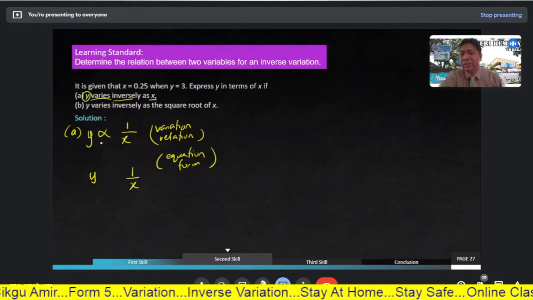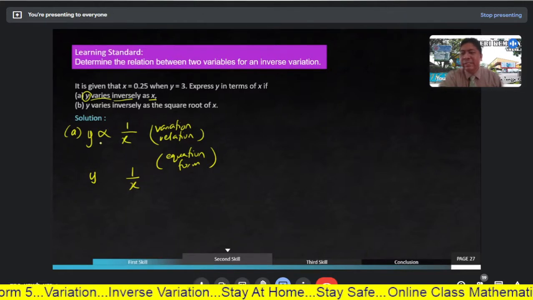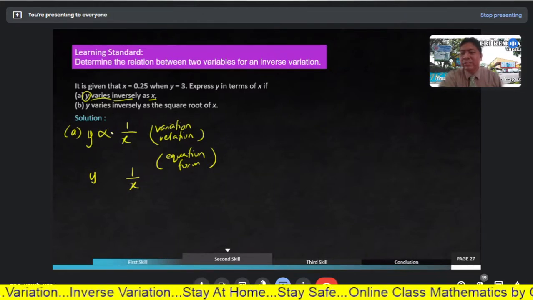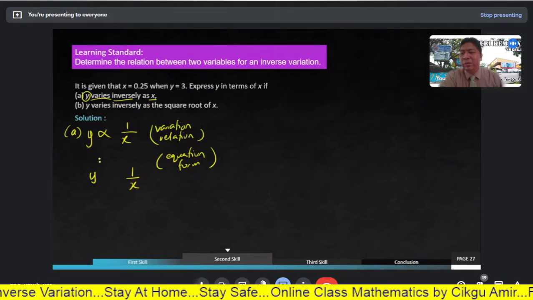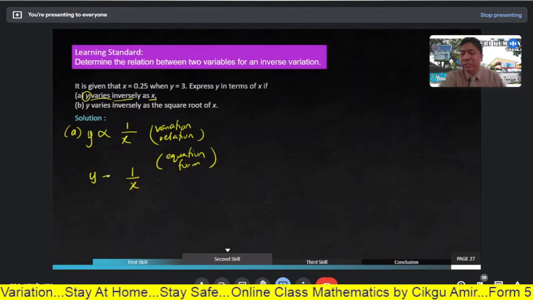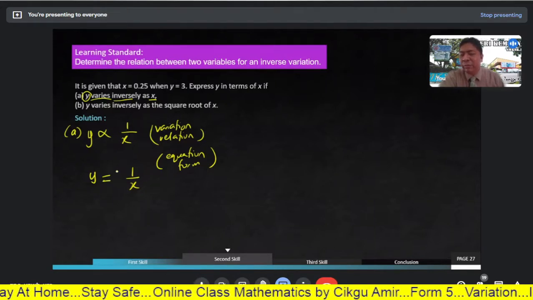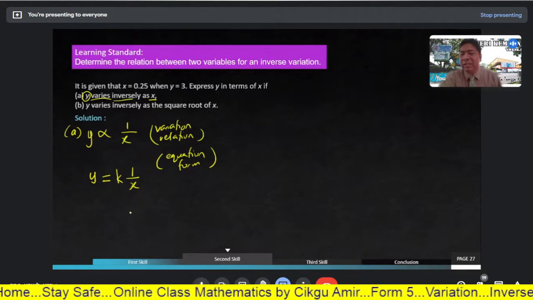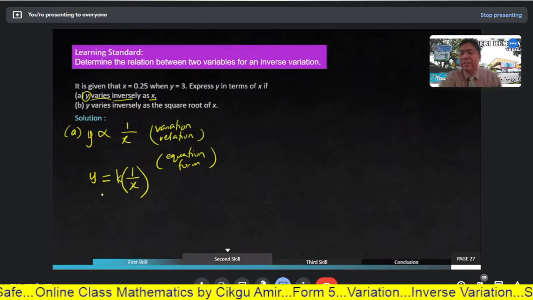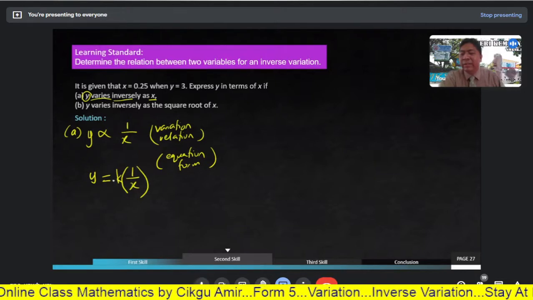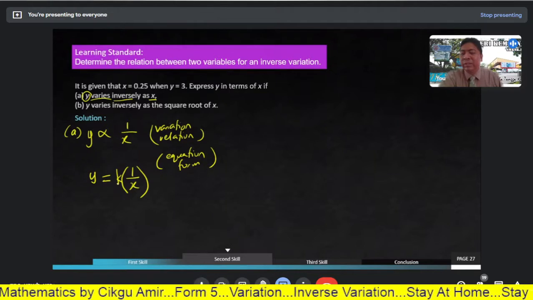The only change is the symbol of variation. We change it to the symbol of equal, and we put a letter k in brackets.